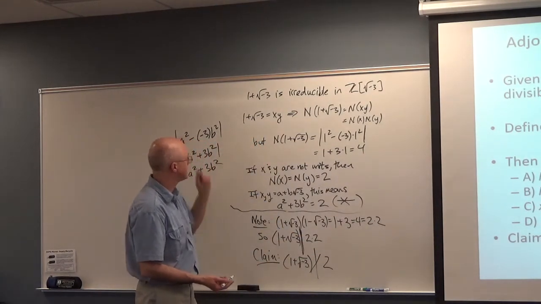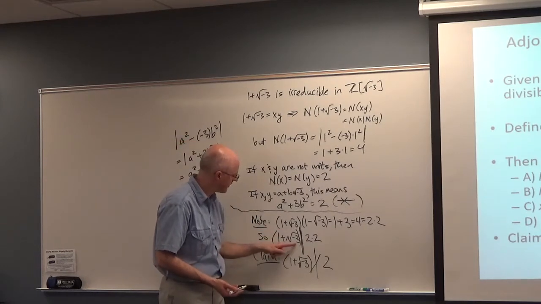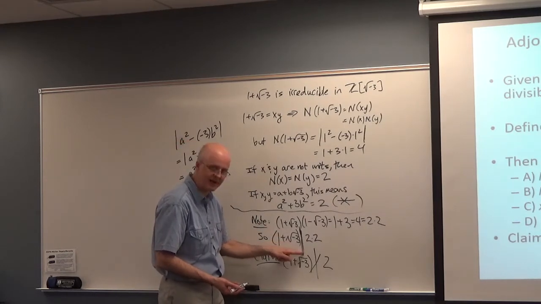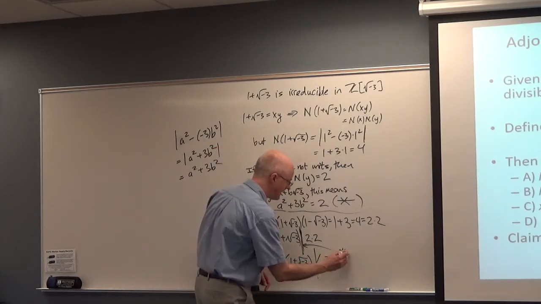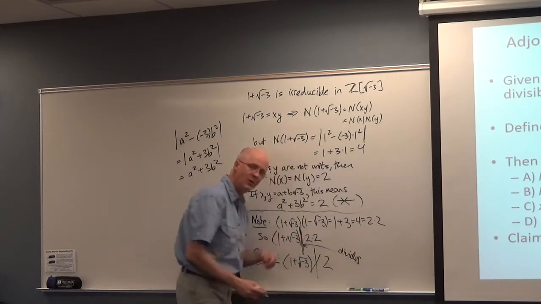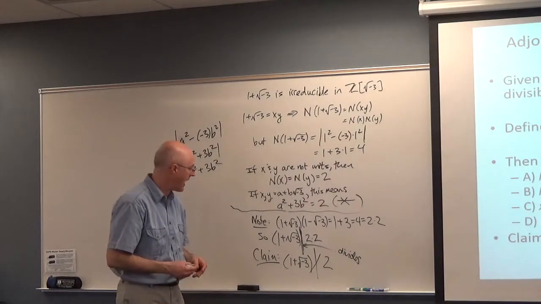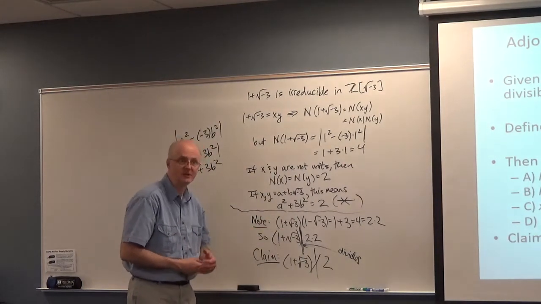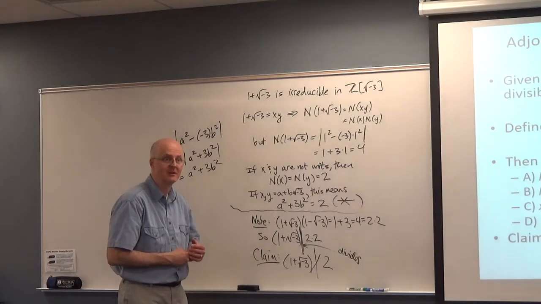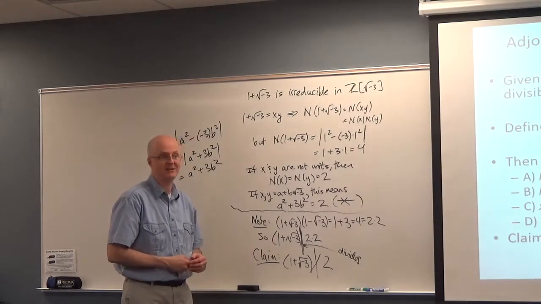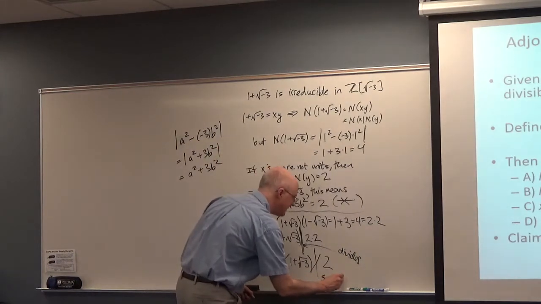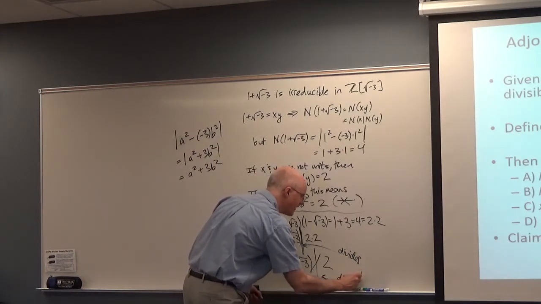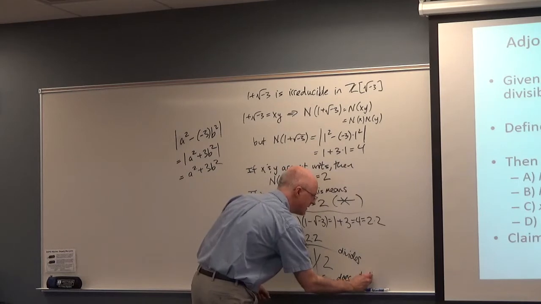So this number here, 1 plus square root of negative 3, divides 2 times 2. If it were prime, then it would have to divide each of those factors. It would have to divide 2. Claim it does not divide 2. That claim needs to be proved.